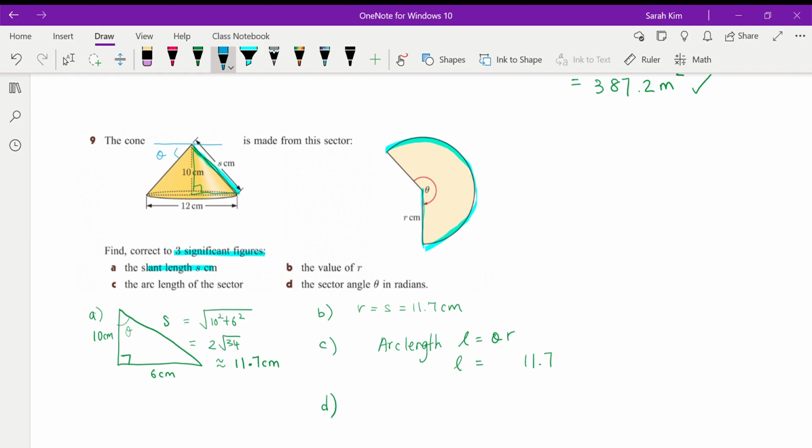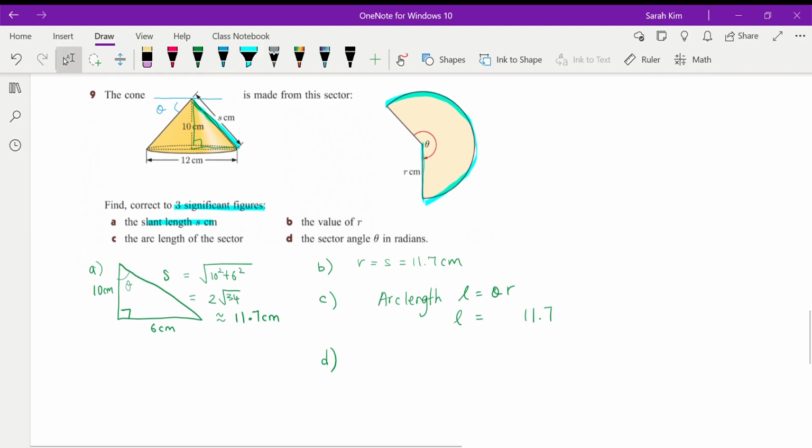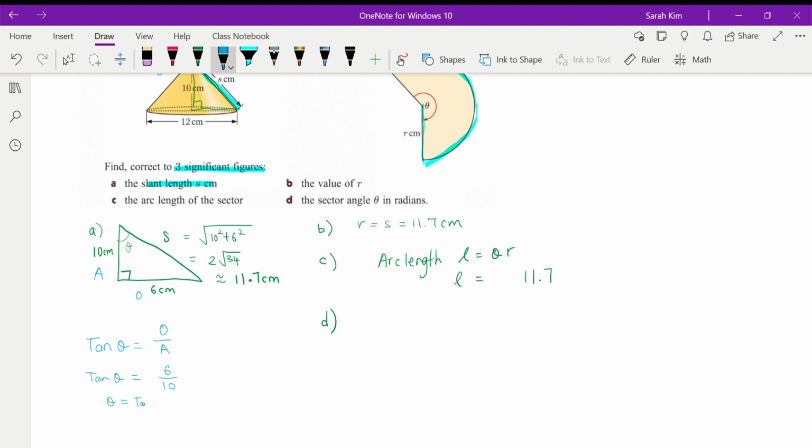Well, I'm going to try to figure out that angle. Let's see what happens. Maybe I could just use my cosine rule. Tangent rule. Tan theta equals opposite over adjacent. So tan theta equals 6 over 10. Theta equals inverse tan 6 over 10.